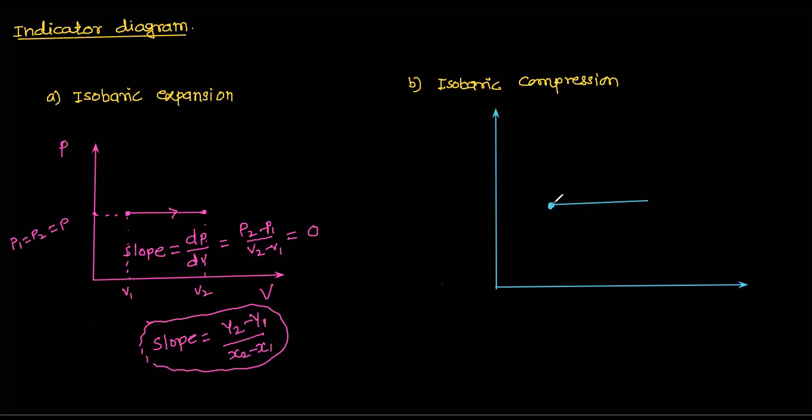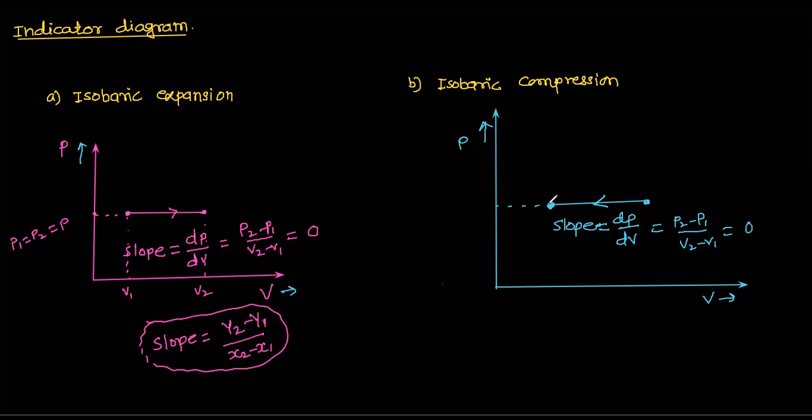But as this is a compression, the direction is like this, right? Here also this is pressure and this is volume in the indicator diagram. You can keep an arrow like this. And here also, if we find the slope, again slope is 0. P2 minus P1 by V2 minus V1 is equal to 0.